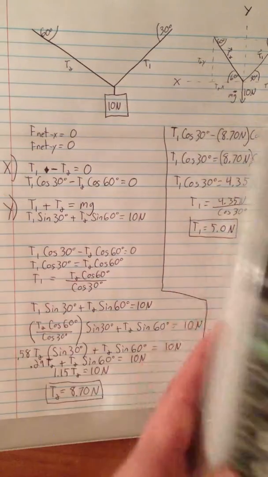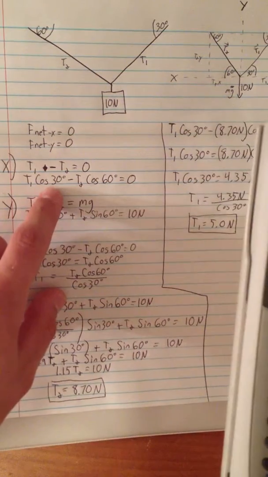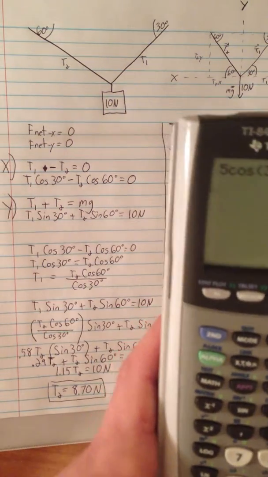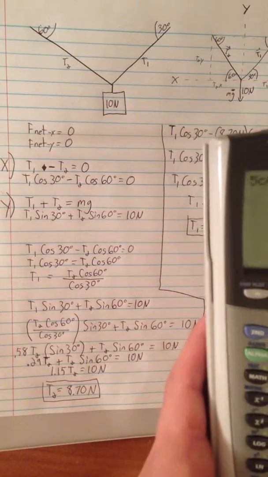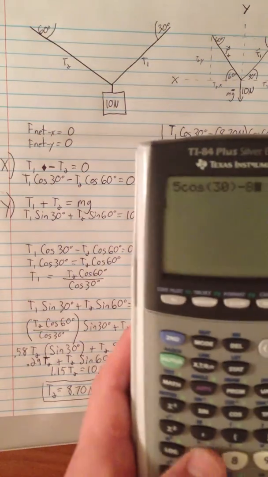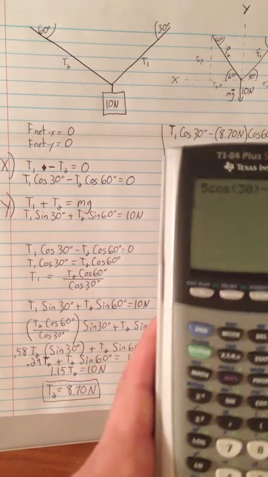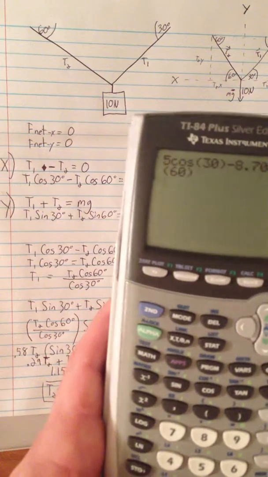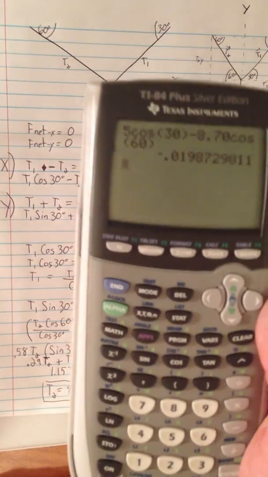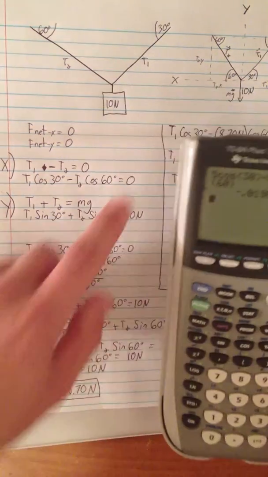So I'm going to take T1, which is 5 times the cosine of 30, minus T2, which is 8.70 times the cosine of 60, and it equals negative 0.01, which is basically equal to 0.